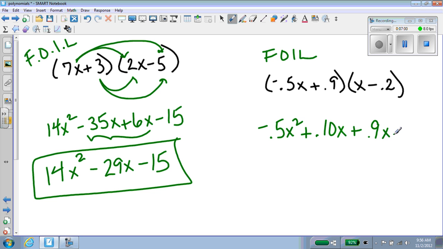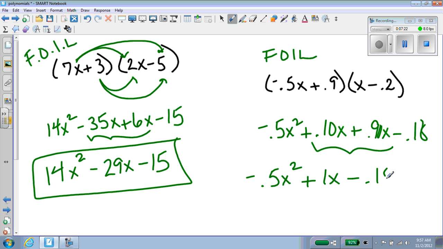And my last terms make negative 0.18. My inside-outside like terms come together, so negative 0.5x squared plus, well, if I call this 90, that's like a dime and 90 cents. That's $1. So that's 1x minus 0.18.